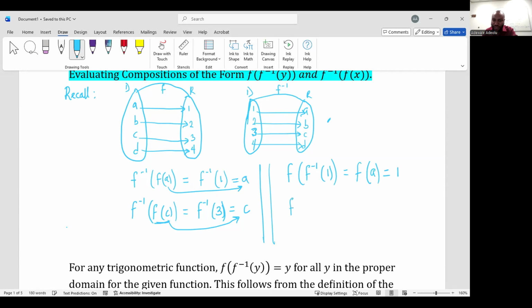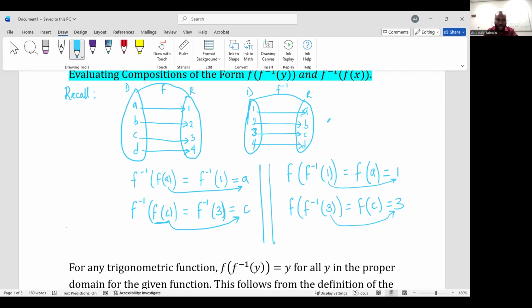The same thing if I do f composed with f inverse of, let's say, I'm picking 3 as the input. So I will have f inverse of 3 is C, and f of C is 3. Again, we can see this.